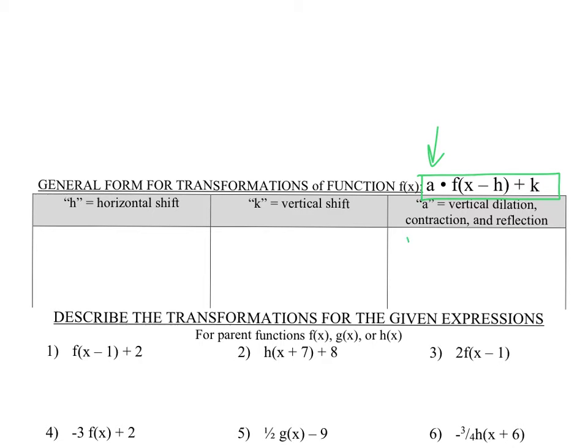So if a is a value greater than 1, it's a vertical stretch. If a is less than 0, remember that was the negative in front of that f of x in the previous slide, that was our reflection.